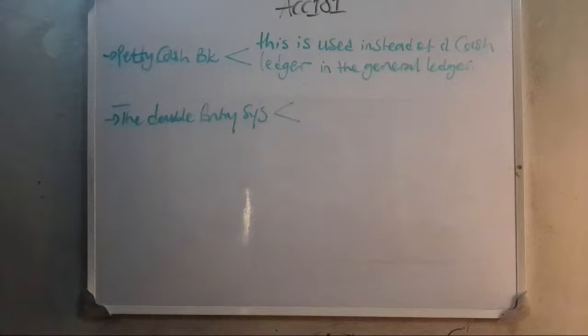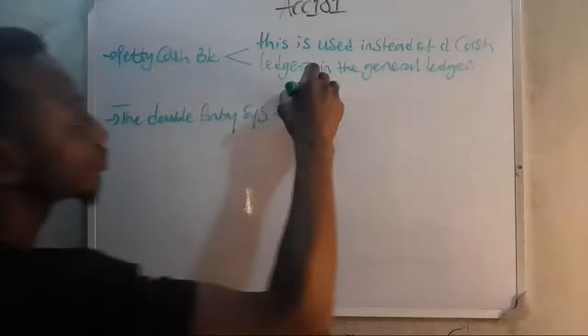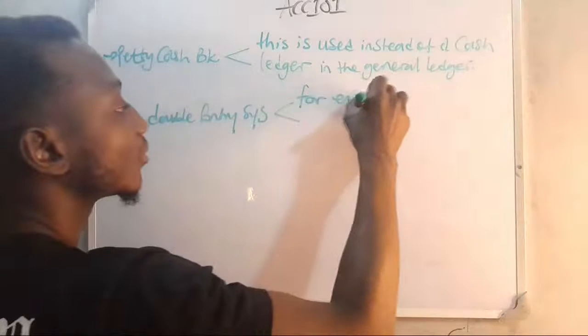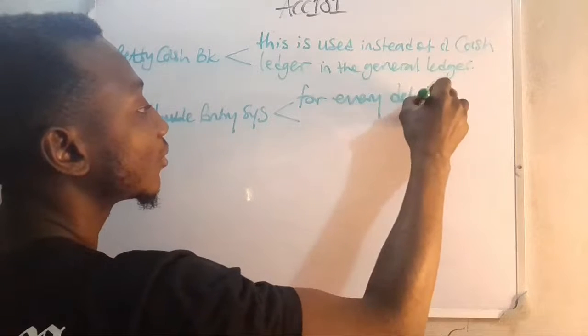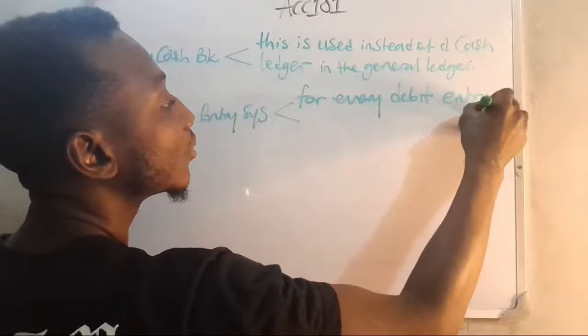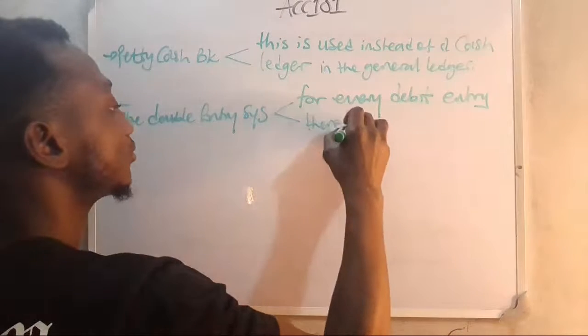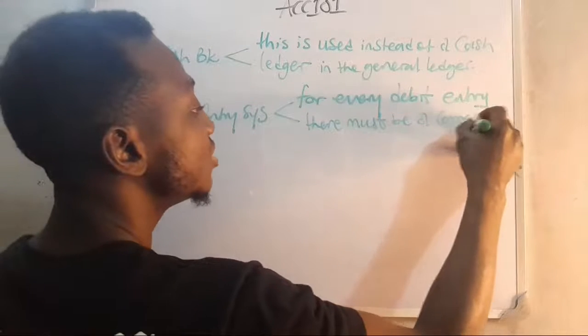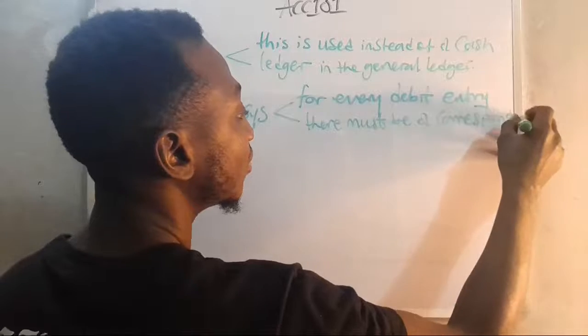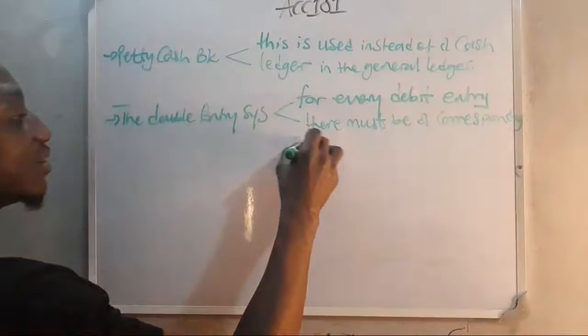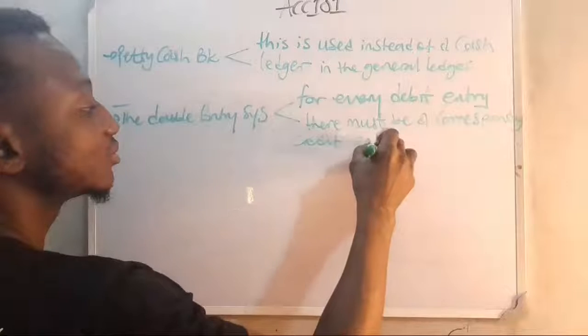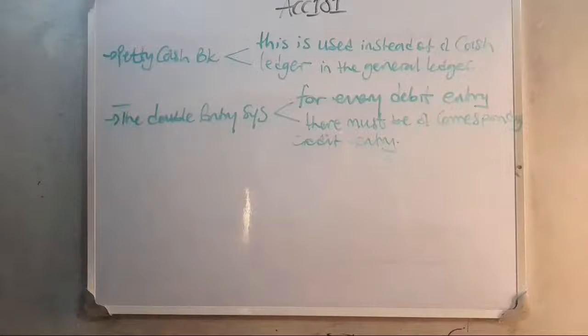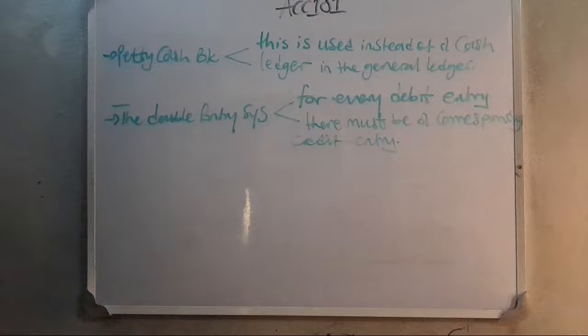For every debit entry, there must be a corresponding credit entry. So we have that as that.